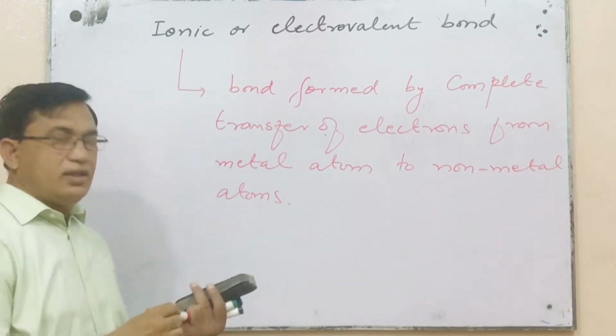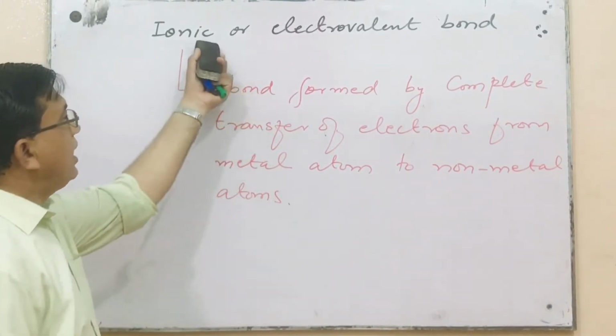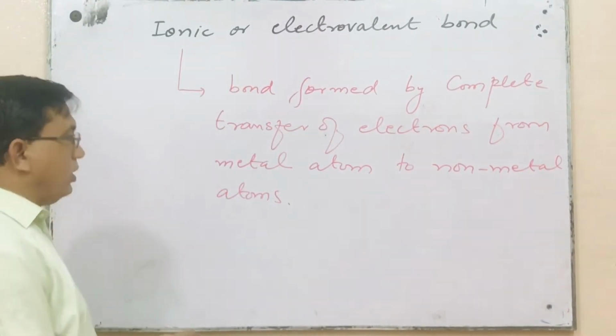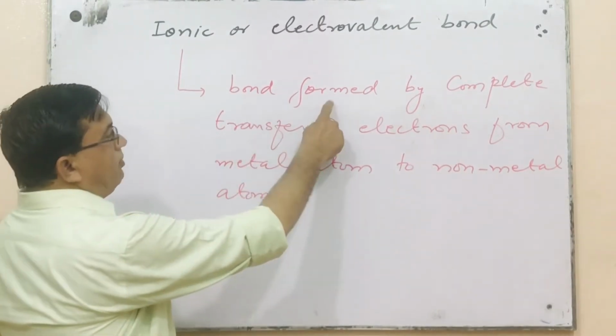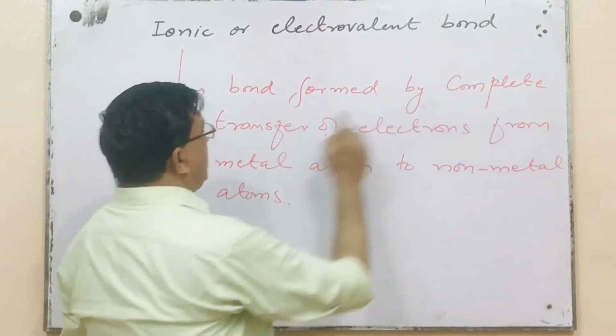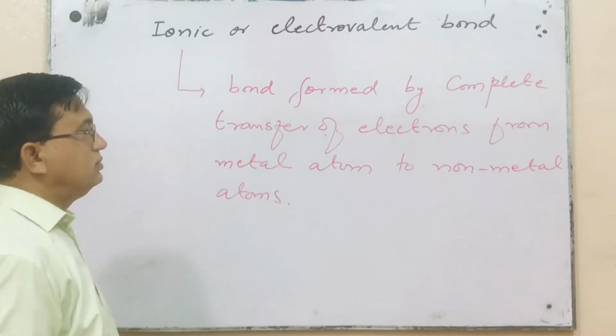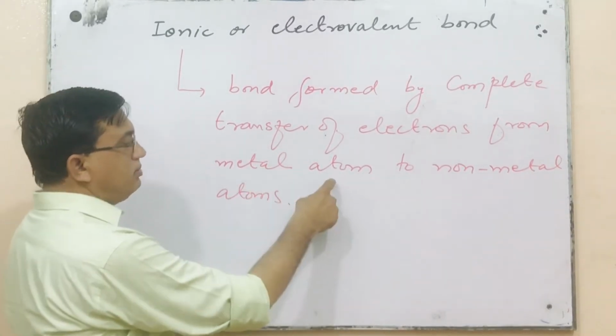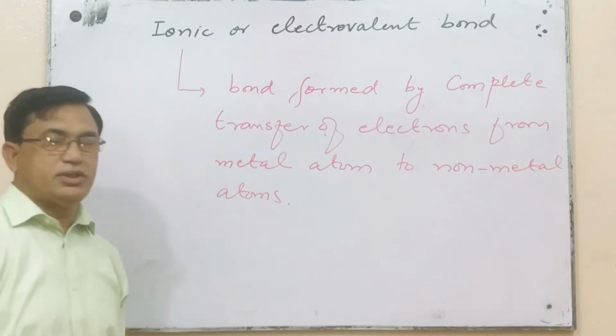This is the definition of ionic or electrovalent bond. Bond formed by the complete transfer of electron from metal atom to non-metal atoms.